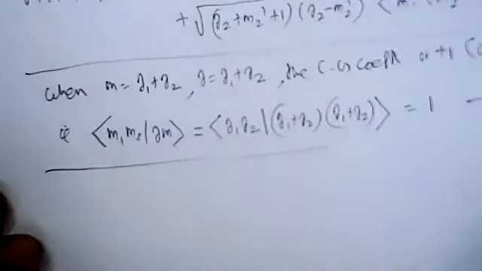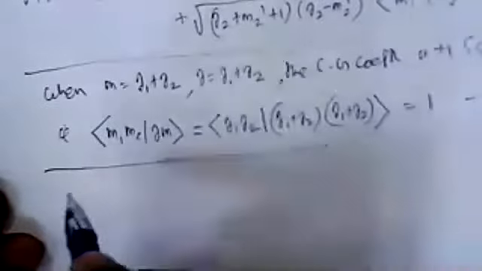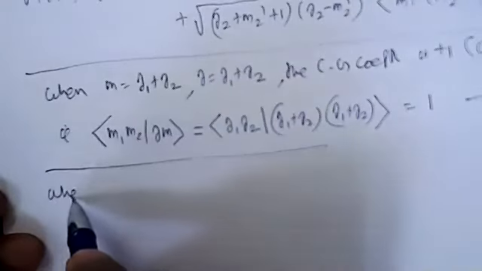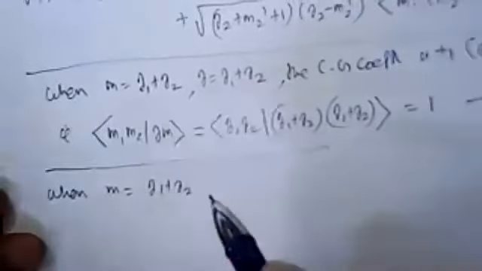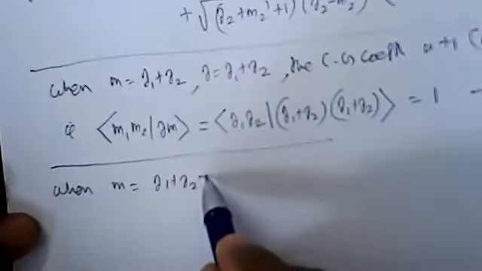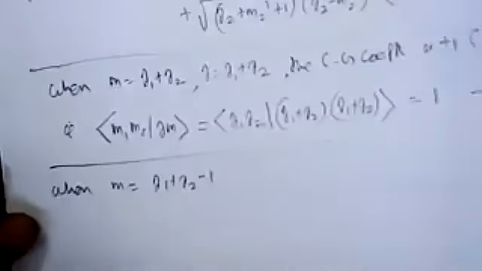Now what is the next state? For the next lower state, M equals J1 plus J2 minus 1. The eigenvalue of M decreases by 1.